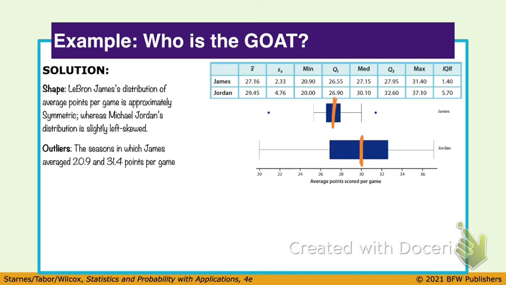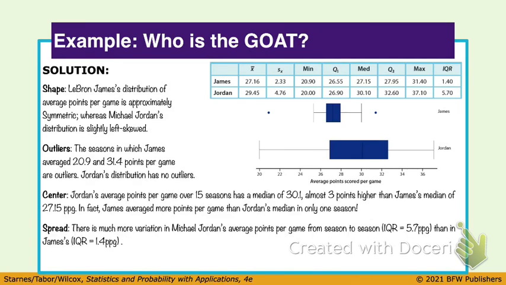Not only that, you guys, but check this out. Michael Jordan's median is as high as LeBron's upper 75% of his data. Like, just saying. So there you go. Michael Jordan's median is 30.1.